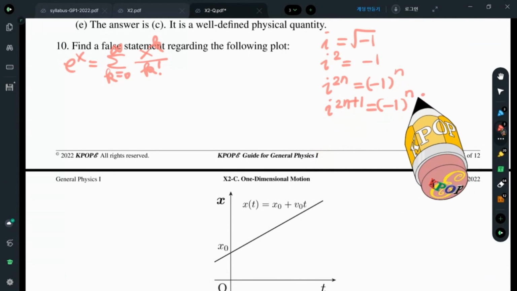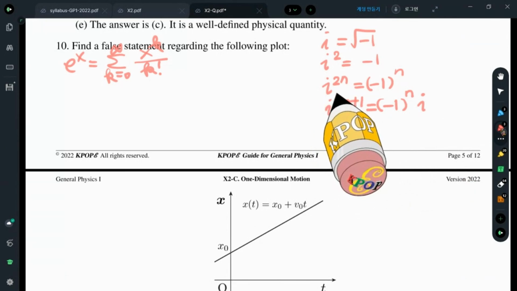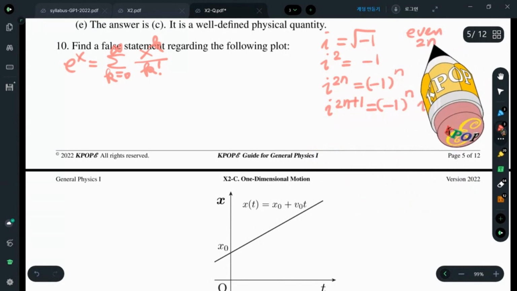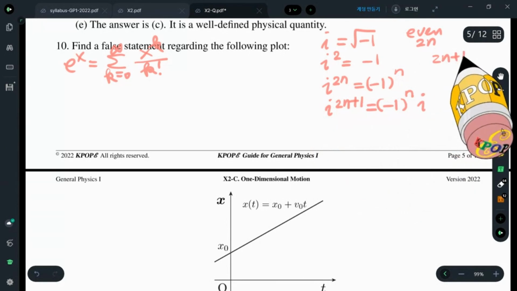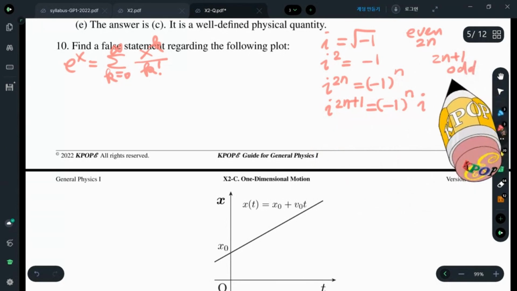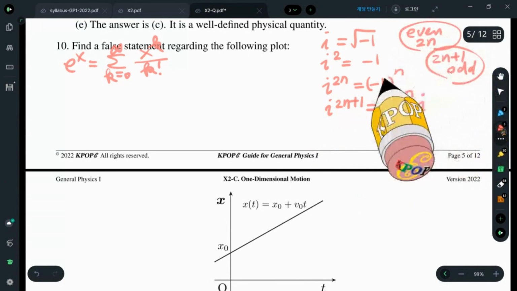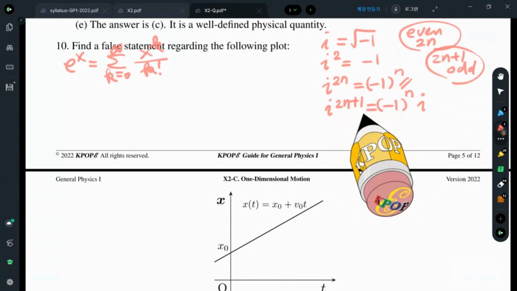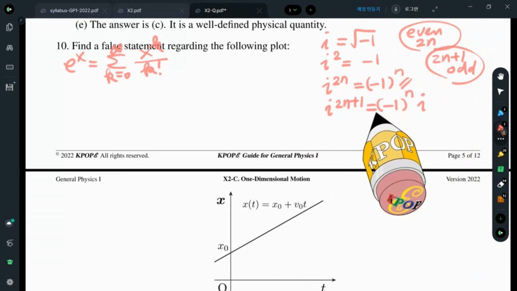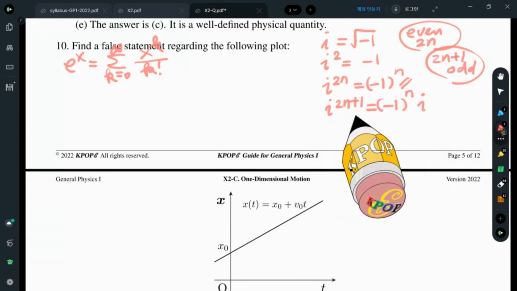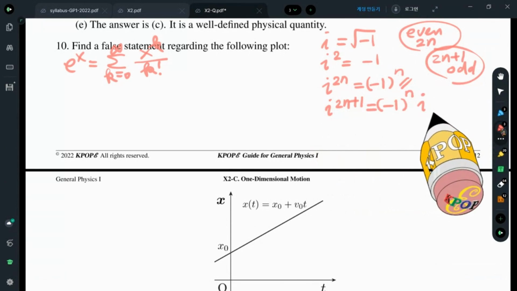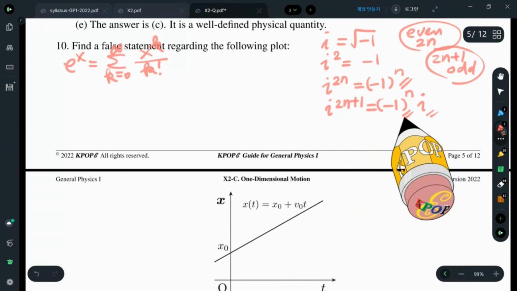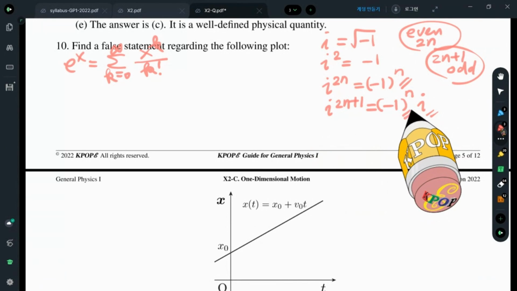All right. So 2n is even, and 2n plus 1 is odd. Any even power of i is a real number, and any odd power of i becomes a pure imaginary number with oscillating sign.